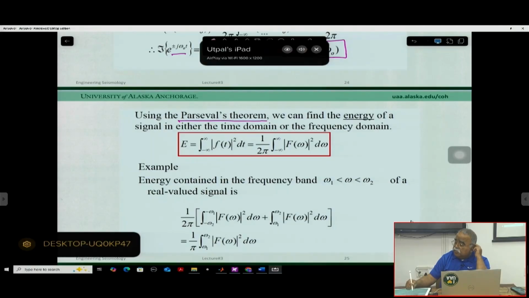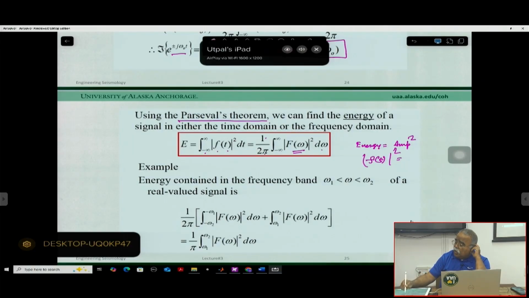It says that if we calculate the energy, it's basically the amplitude squared, right? If f(t) is the signal and you square it, that becomes the energy or power. So the integral from minus infinity to plus infinity of f(t) squared dt will be equal to 1 by 2π times the integral of the Fourier transform squared dω, right?